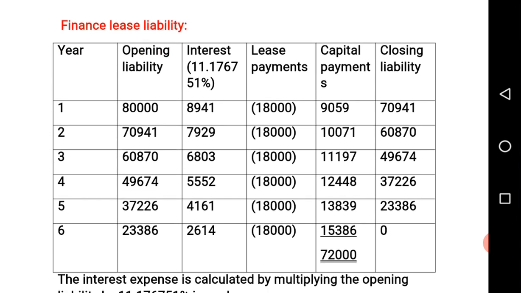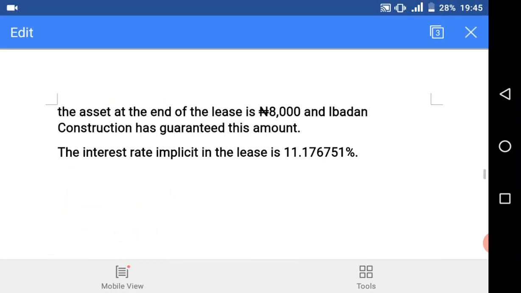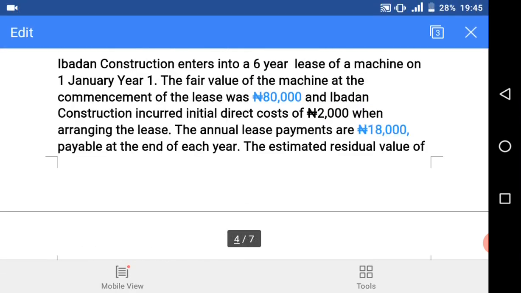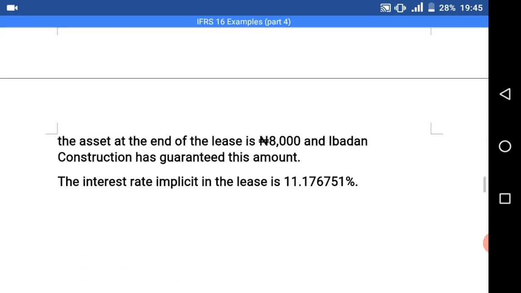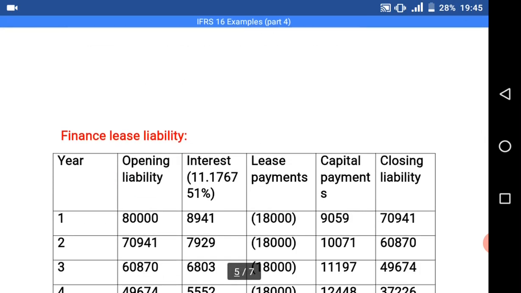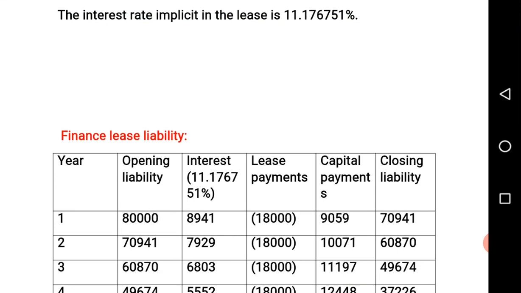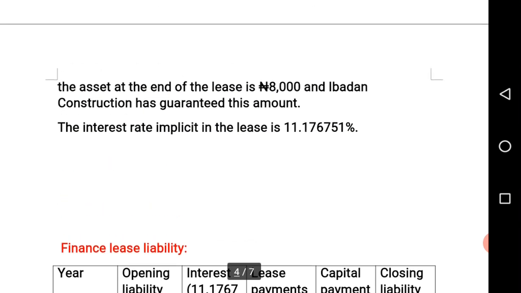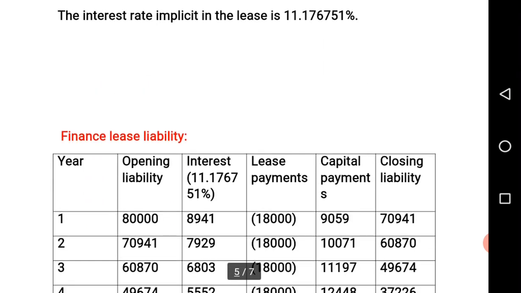It says year 1, the opening liability, that is the cost of the asset, like we did previously, 80,000 naira. You pick the cost of the asset, then you get the interest, the interest rate implicit on the opening liability, that is the cost of the asset, like we did previously.